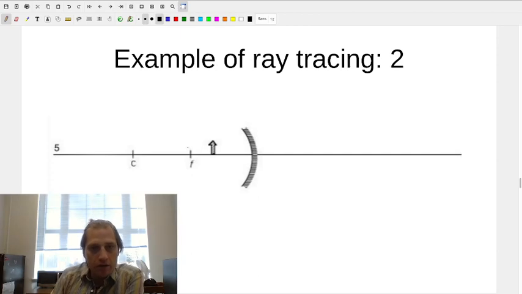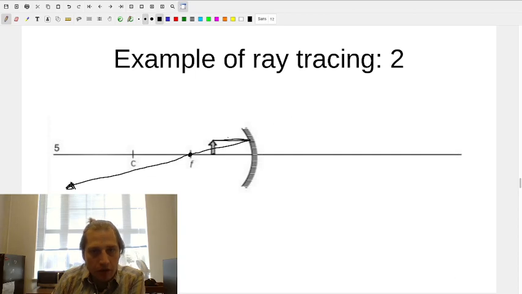Okay, now this is again a positive focal length. It's a mirror that causes the light rays to come together. Let's see how it differs from our last example. Now I have a little pointer that's closer to the mirror than the focal length. So I go in parallel to the optic axis, and then I go out through the focal point.